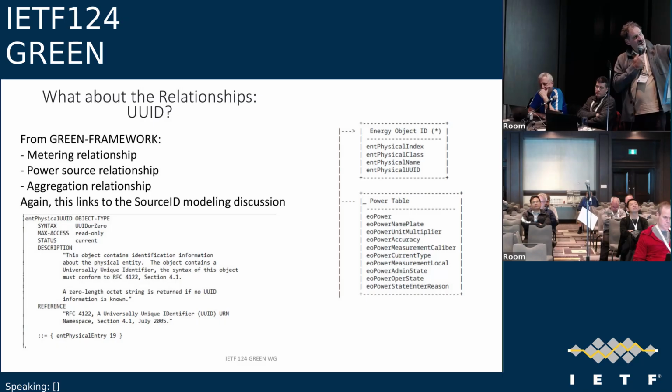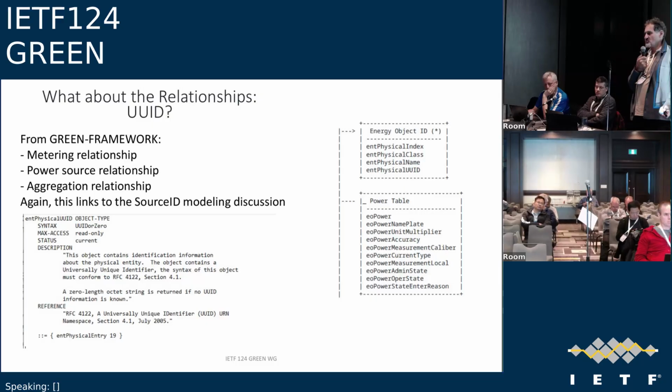So something which is globally relevant, and an index which is local to the device, and an index which is globally unique. All right? So again, that's why each time in the modeling session, I'm asking about those concepts that we need to describe in the framework and that we need to have in the YANG modules.